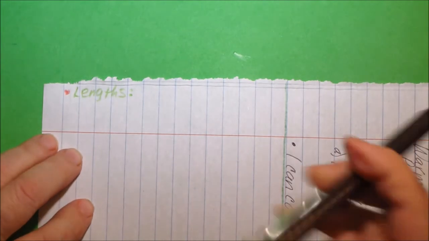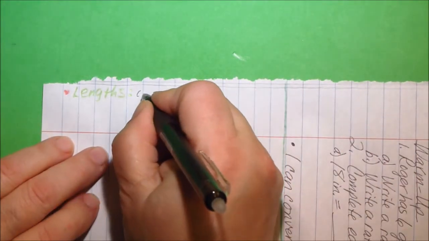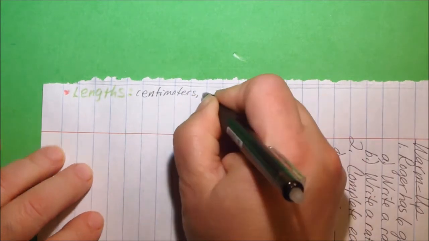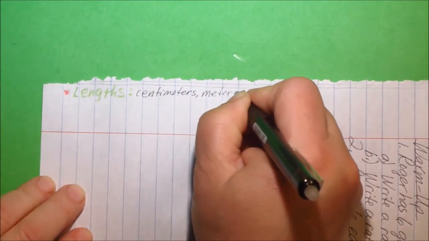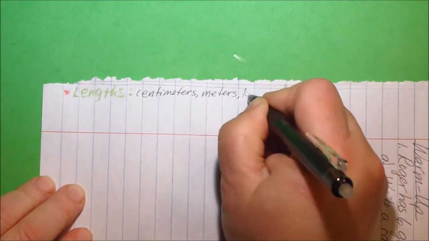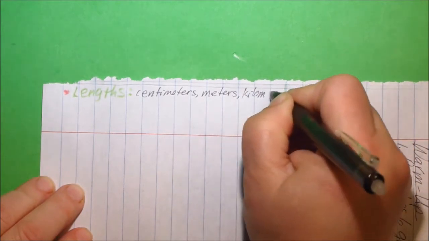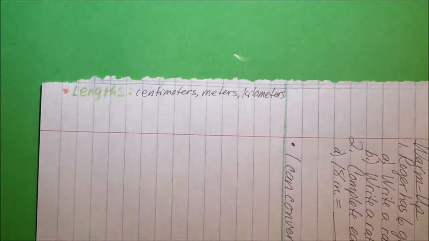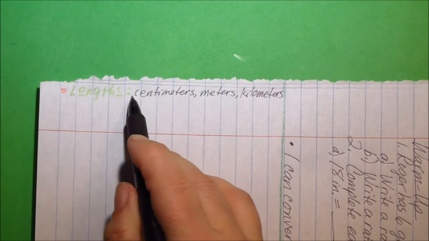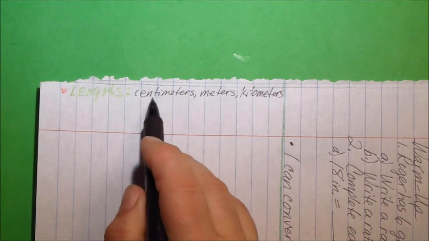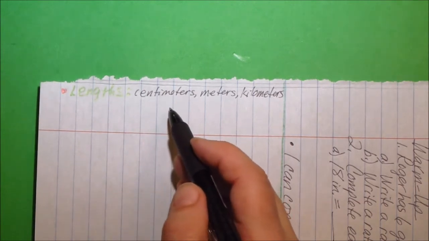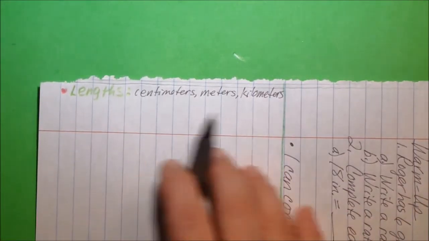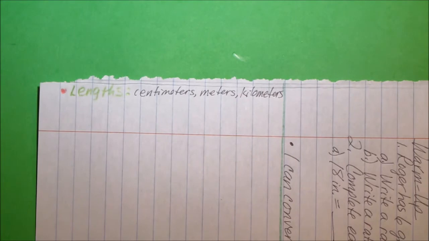We talk about centimeters, meters, and kilometers, but we usually pronounce it kilometers. We could also put in here millimeters. Millimeters is a smaller measurement. There are 10 millimeters to a centimeter, but it's not used as often. We'll see them in some of our problems, though.